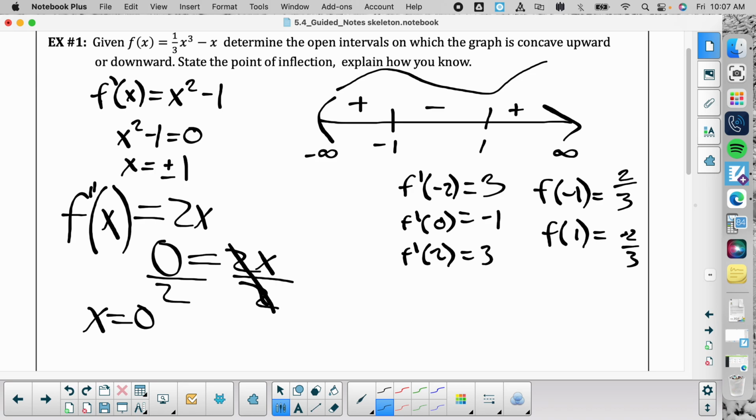Okay, so 0. Now let's actually write next to it what it's gonna be called, because we found something. It is gonna be a PIP, a possible inflection point, which is an abbreviation.